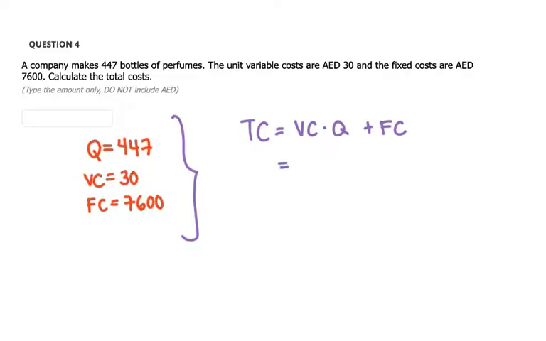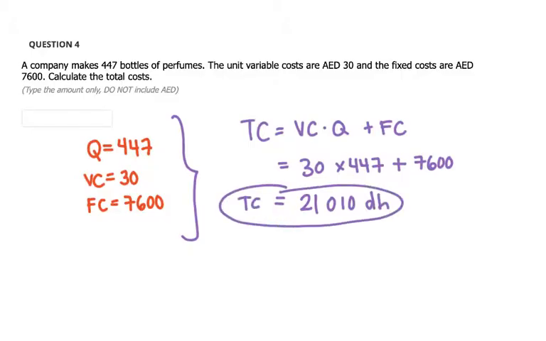We can just plug and chug. Variable cost is 30 times 447 bottles of perfume plus the fixed cost of 7,600. And we will get a total cost of 21,010 dirhams.